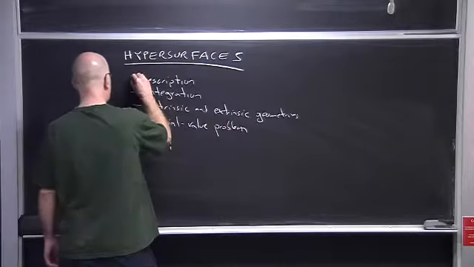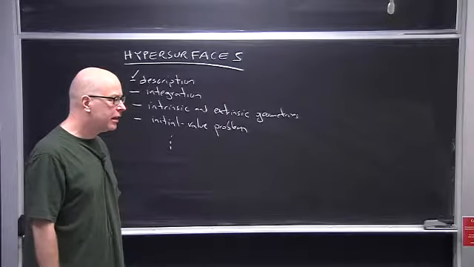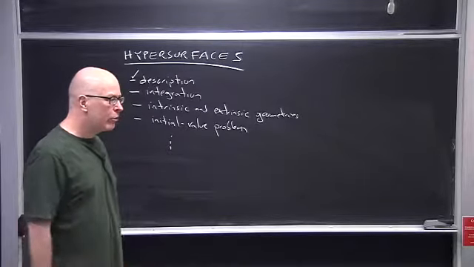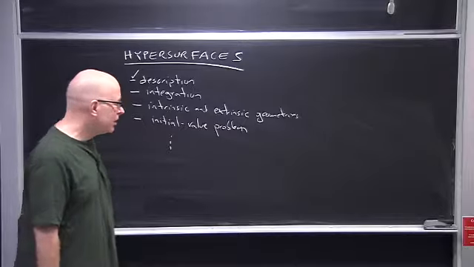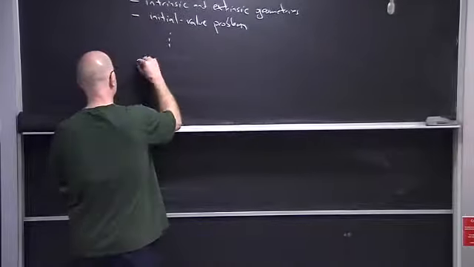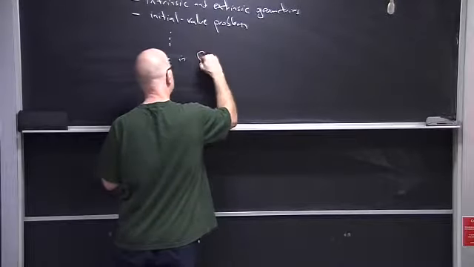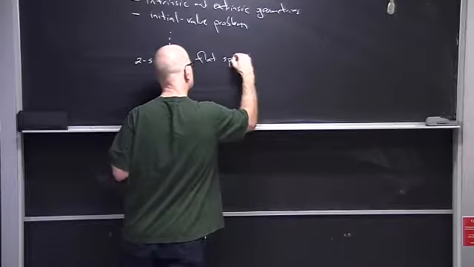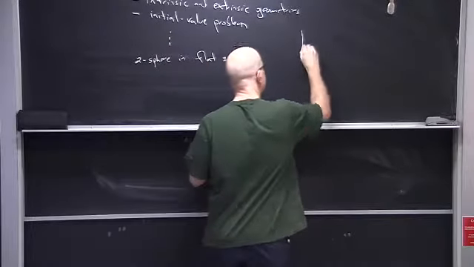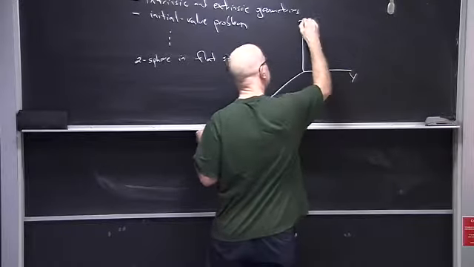So let me start with the description of hypersurfaces. There are two basic ways of doing that, and they're both useful and pretty much essential. I'll just introduce this by means of an example. If we're talking about a two-sphere in a flat space, well, first of all, that's an easy thing to draw. So here are our x, y, and z axes.